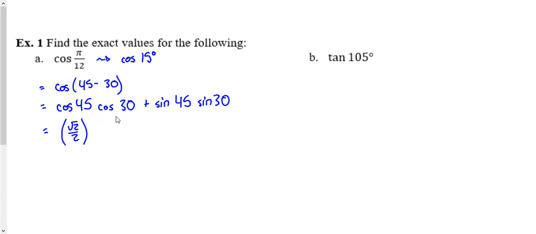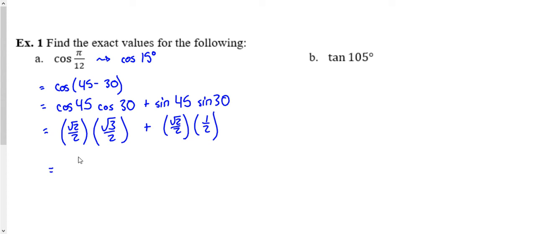Cos of 30 degrees, we're looking at root 3 over 2, plus sine 45, which of course is root 2 over 2 again. Sine 30 this time is just 1/2. Great. Now that we've gotten rid of all the trig statements and we're just left with these fractions, we're going to combine our fractions.